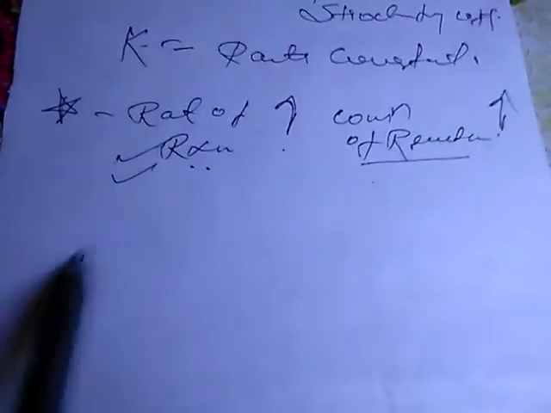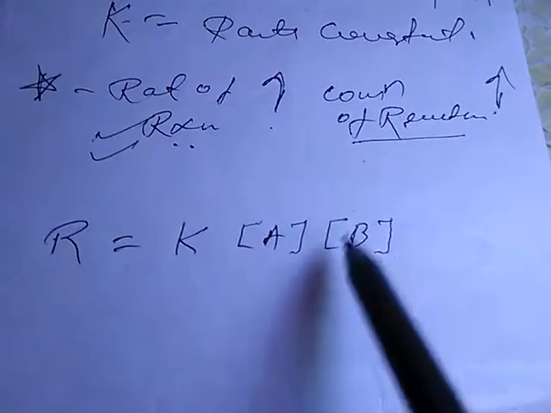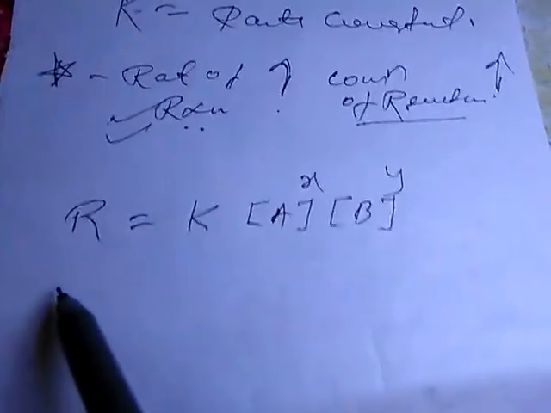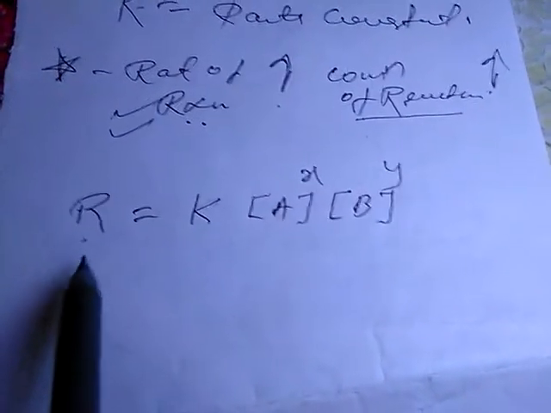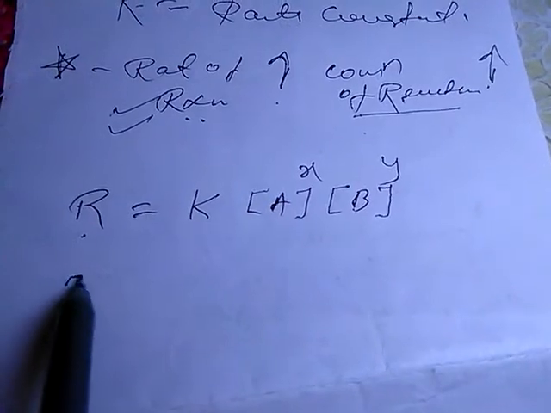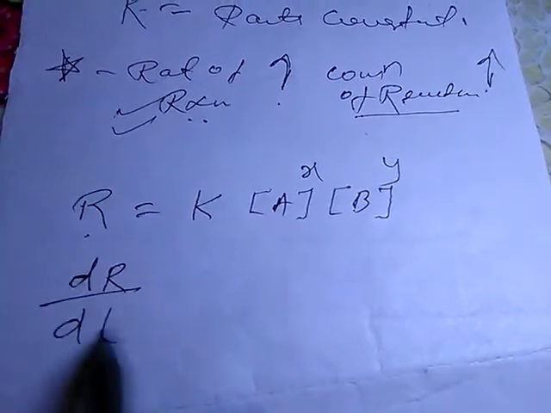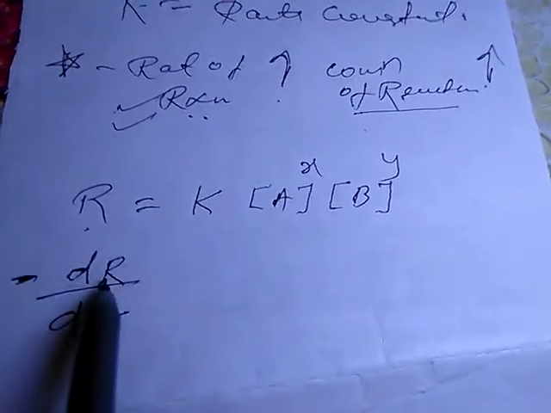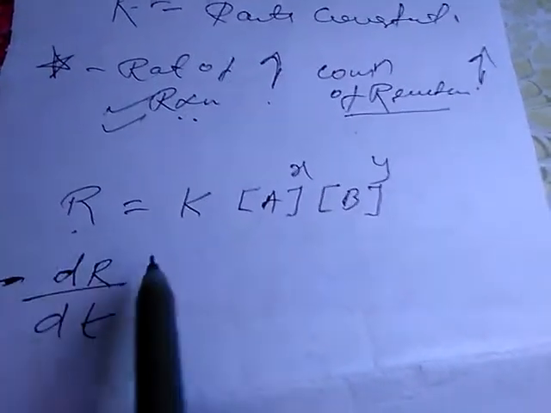In this expression, R is equal to K into the product of concentrations of reactant raised to some power. We'll do some modification in this expression. R is the rate of the reaction, and we all know that the rate of the reaction can also be written as minus d[R] by dt, with a negative sign because as time goes on, the concentration of reactant decreases.